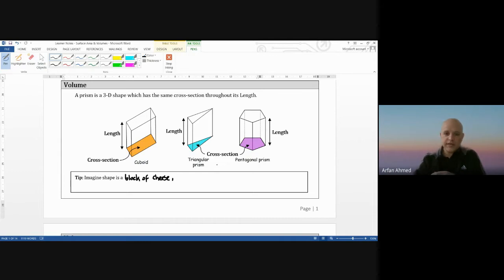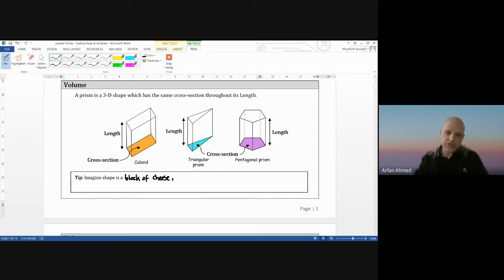If you start slicing this way downwards for the triangular prism, as you keep slicing, you're going to end up with different slices. So I can't use that as my cross section. If I start slicing from the top instead, all the slices would be the same.